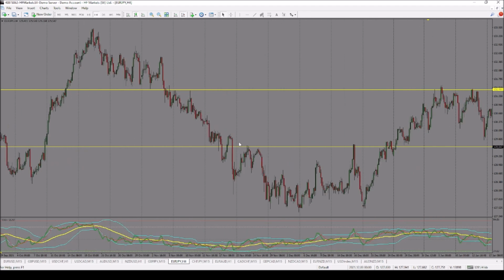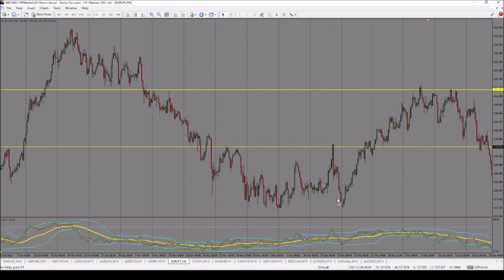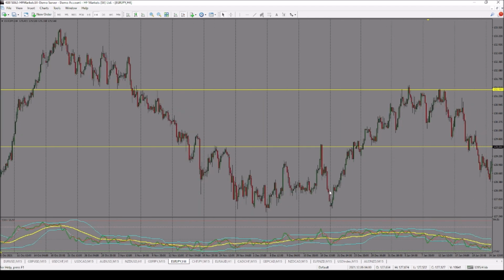Now this was the new reversal point, and after that we need to see the market breaking the last high of the previous trend. In this case, the last high might be this one. You can see that the market was going down and it went to retest this bottom part.